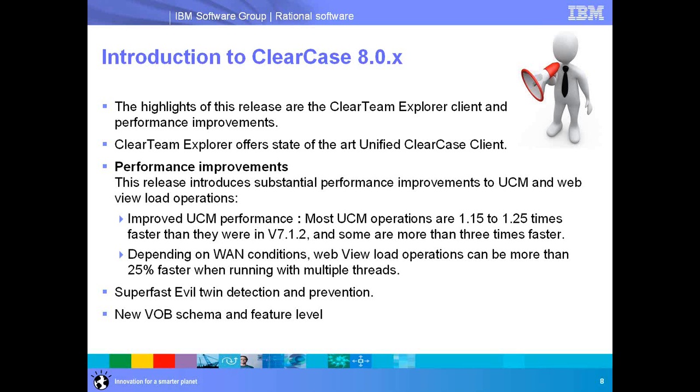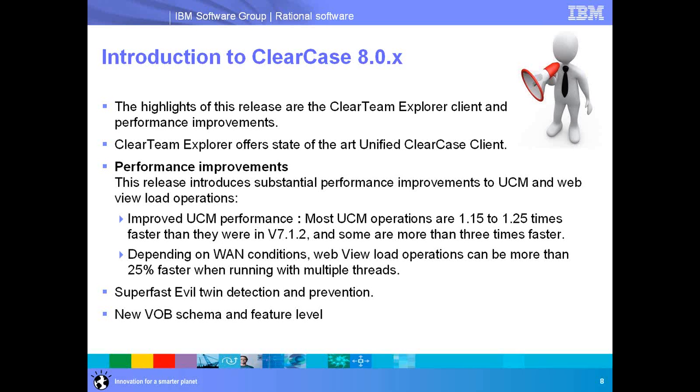The next one is the performance improvements that we have been looking at. The major areas we have concentrated on are UCM performance and WAN-based performance. In UCM, we have been able to get an improvement of almost 1.15 to 1.25 times compared to the older versions, and in most cases it is more than 3 times faster.